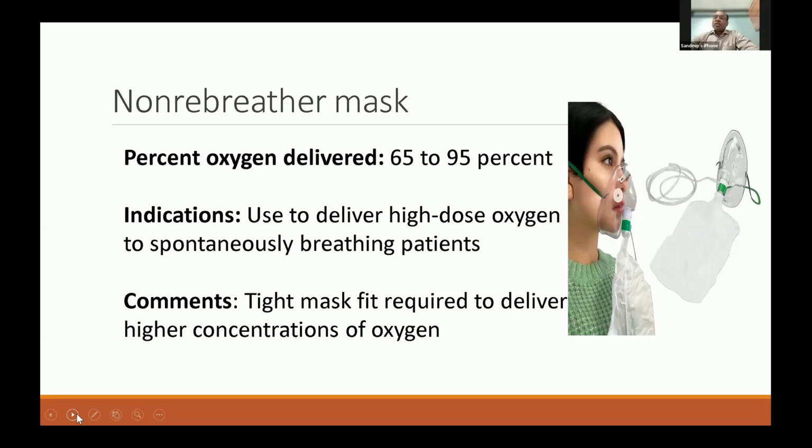So all the oxygen that you are delivering to the patient gets collected in this bag, and whatever the patient breathes is through this bag. The rest of the expired air comes out through the side ports. So there is no rebreathing.